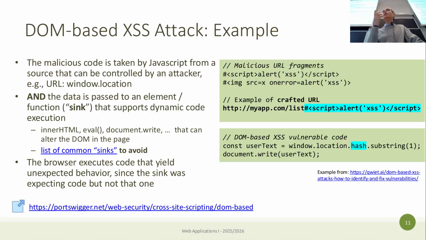The point is that here, the malicious code is taken by JavaScript from a source that can be controlled by something external to the application, so by an attacker. Like, for instance, the window.location, okay? You see here, window.location. That's what is contained inside the URL.